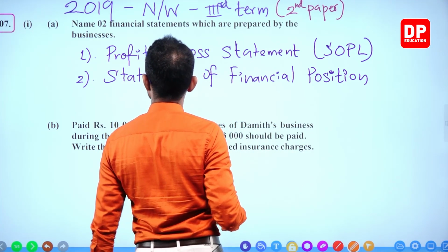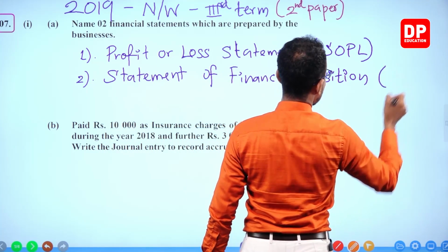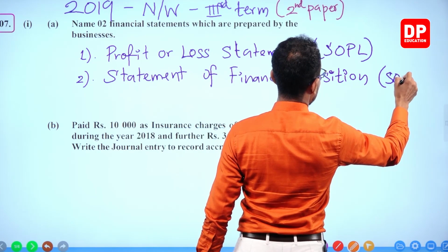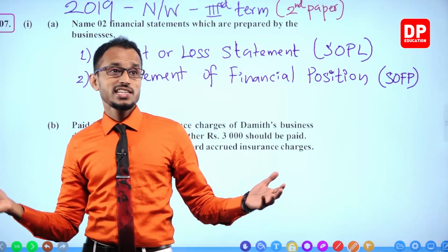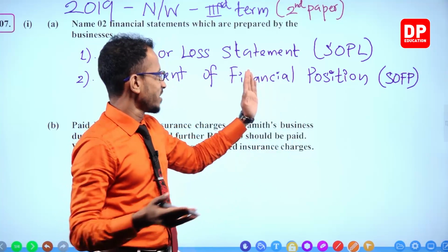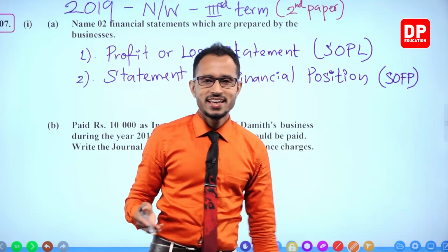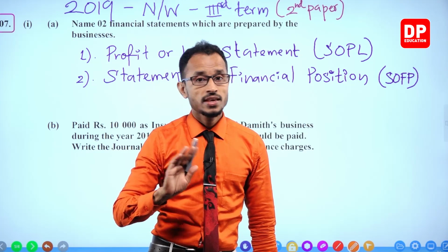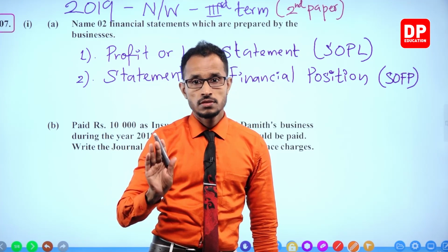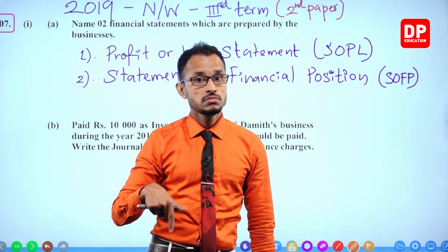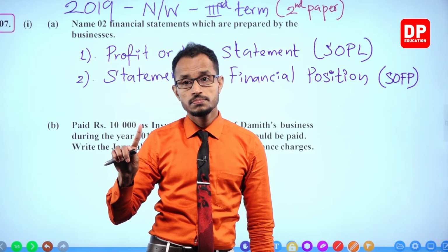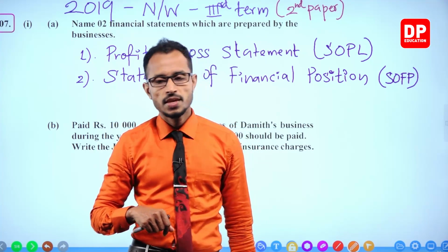And you guys call it sometimes SOFP. And I use it too. Short forms are easy. So, SOPL, SOFP. Don't write the short forms only in your exam paper. No. Short forms only will not be accepted. You have to write the full names. Next question.